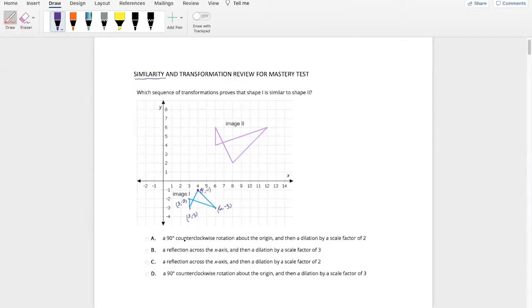A 90-degree counterclockwise rotation about the origin. If I'm going counterclockwise, again, that is going to the left 90 degrees. That's going to put me over here. So that would work. And a scale factor of 2. Okay, so we'll have to check that out and see what our scale factor is here.